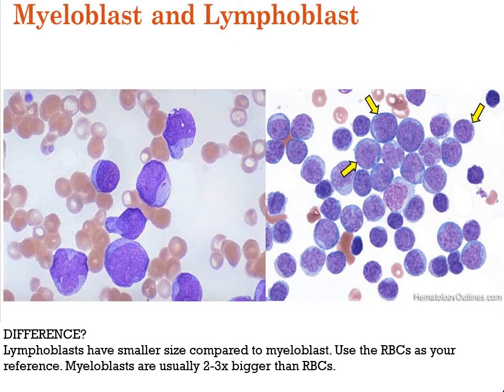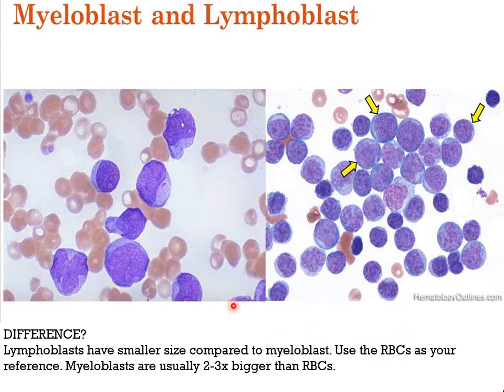So, baka mataranta kayo, kamukha ni lymphoblast stage si myeloblast stage kanina. Kasi pareha silang circular ang kanilang nucleus, wala rin silang granules. Pero, yun nga, it requires a really good eye to compare the two. And madalas, yung mga ating mga pathologists, mga histotechs, kailangan nila i-compare yung size of myeloblast and lymphoblast with RBC.